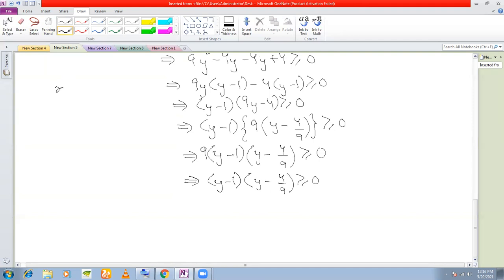Again, recall x minus 3 into x minus 4 greater than or equal to 0. What did I say? X less than the lower value and x greater than the higher value. So out of these, which one is the lower value? 1 or 4 by 9? 4 by 9 is the lower value, right?